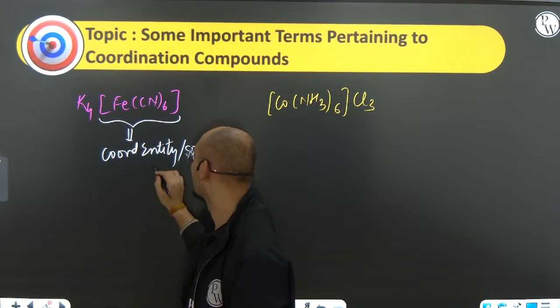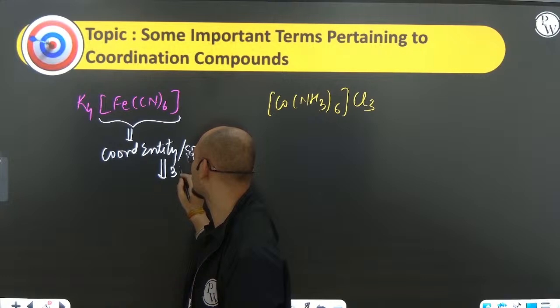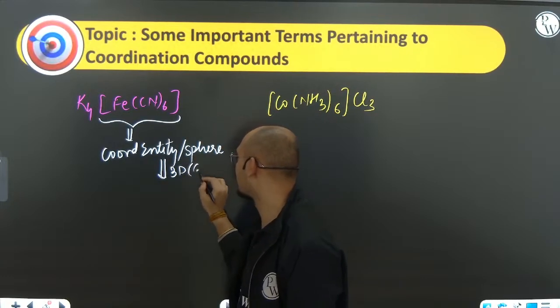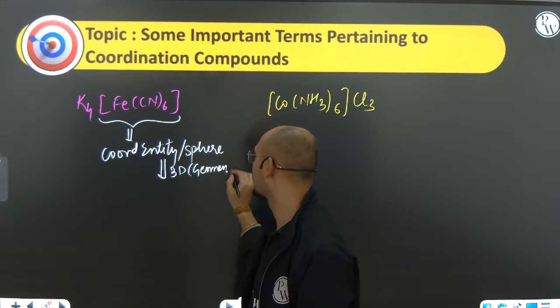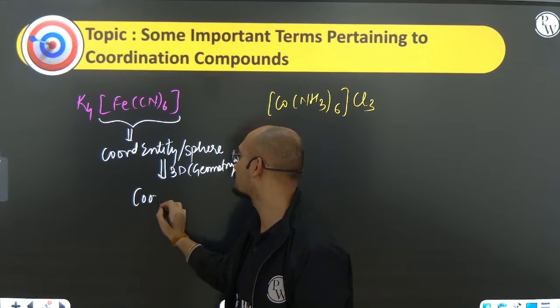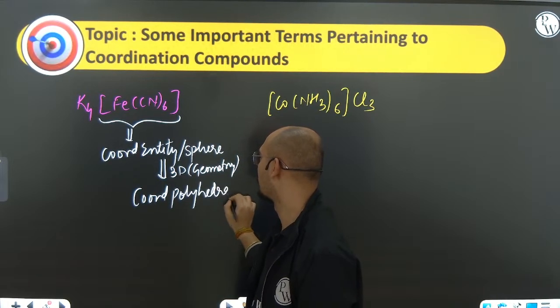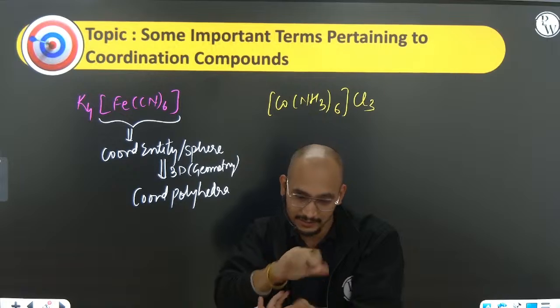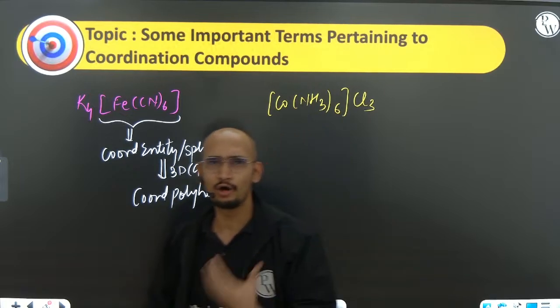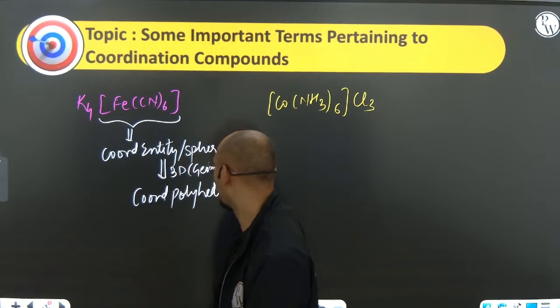The three-dimensional geometry, the structure as you think about it in three dimensions, is called the coordination polyhedra.